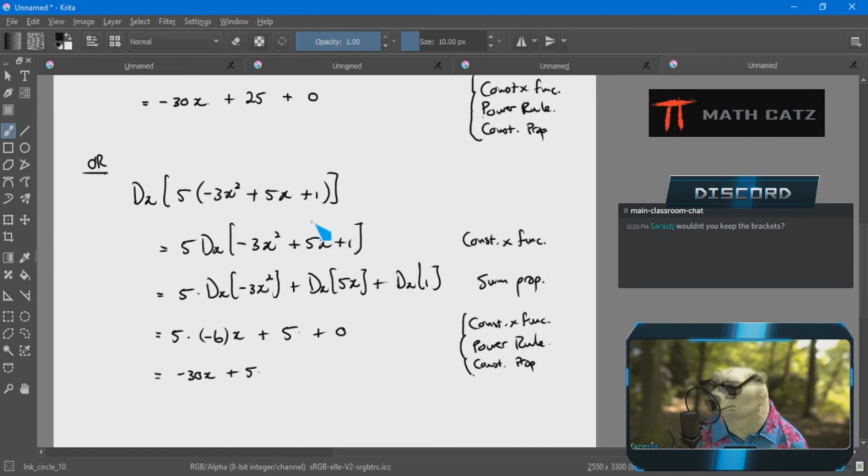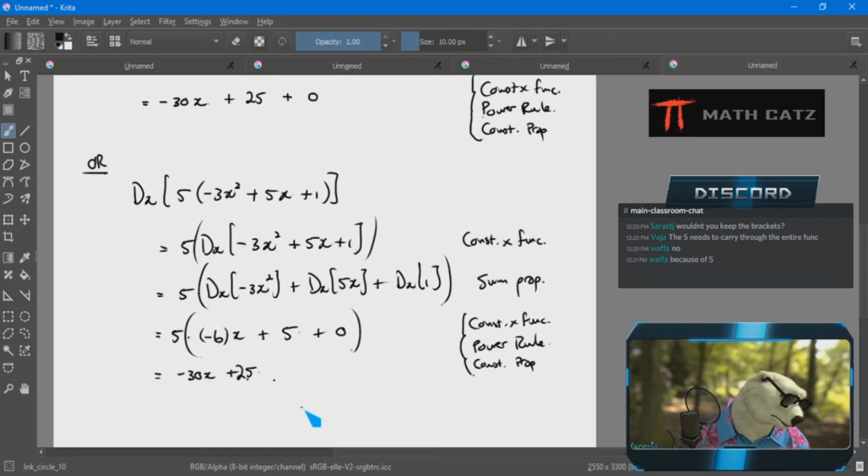Yeah, I need to keep the brackets, but it's so easy to miss. Technically, there are brackets around here, right? The 5 needs to be multiplied with the derivative of whatever is left, which means I need brackets here, which means I need brackets there, which means 5 applies to the negative 6x and to the 5, and now it's the same.